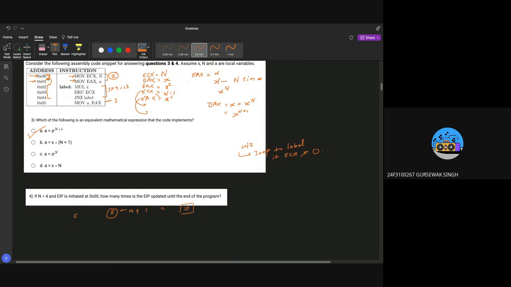Okay. So lastly it will be somewhere else, not 5, right? So after the last instruction is performed, the instruction pointer will point to the next address, not this 05, right? Is it clear?